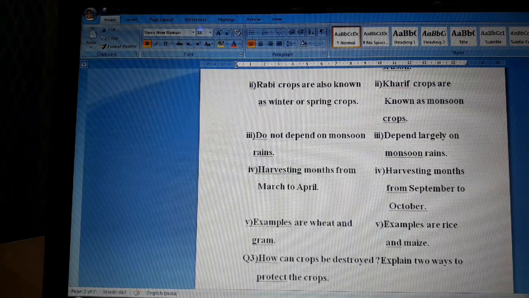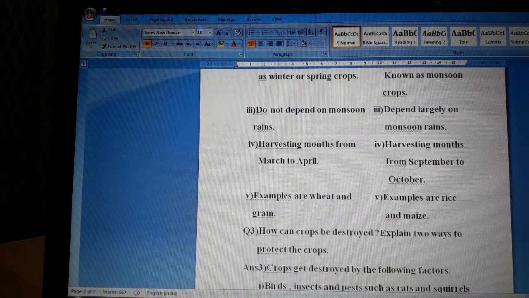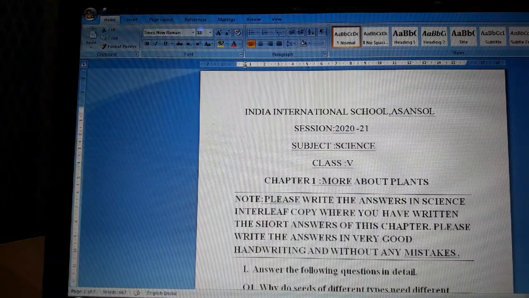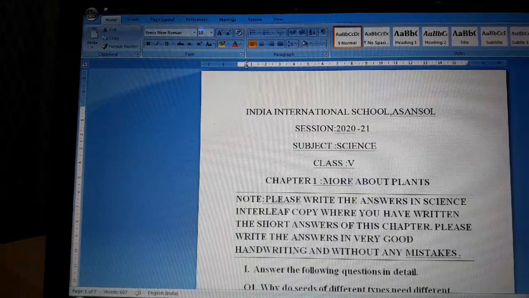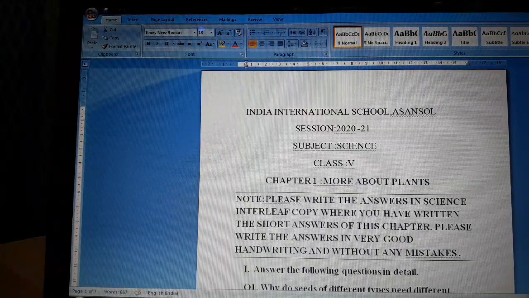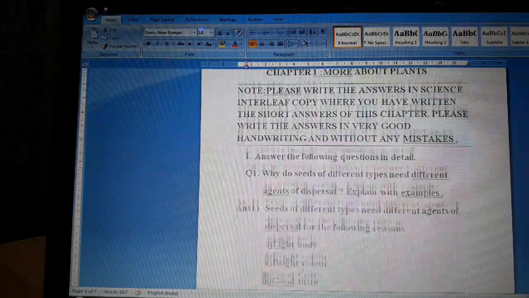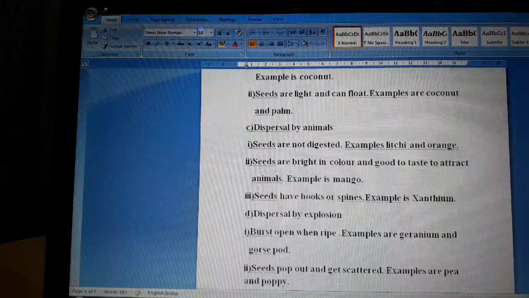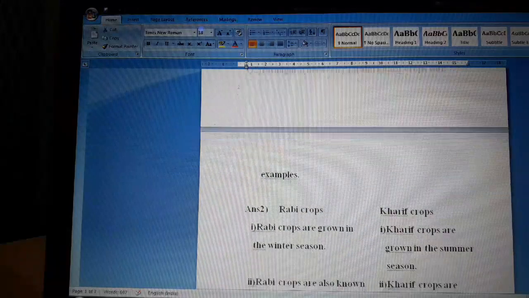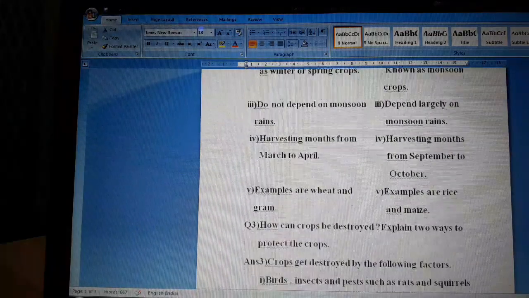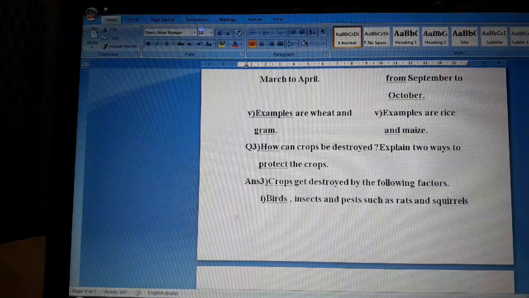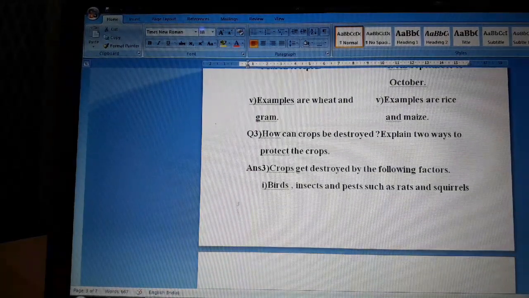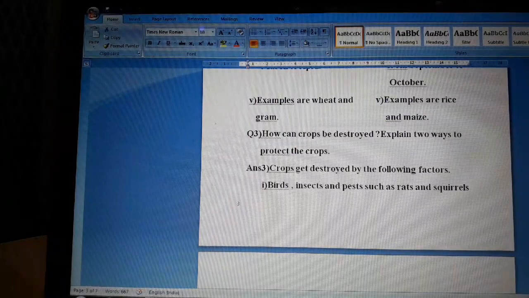Now we come to the next part: how can crops be destroyed? Explain two ways. Crops get destroyed by the following factors.